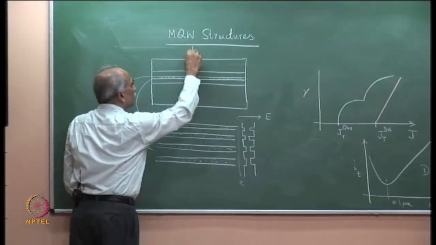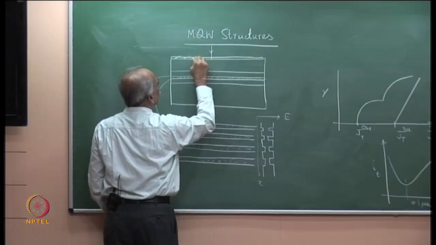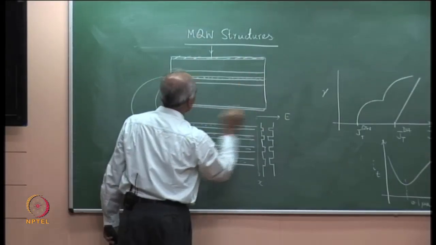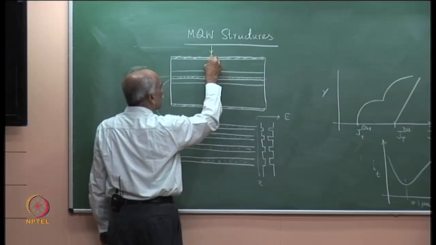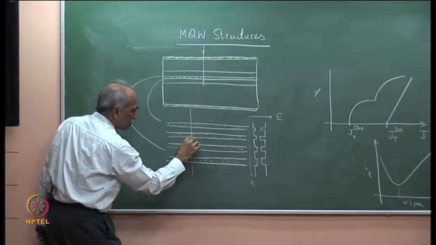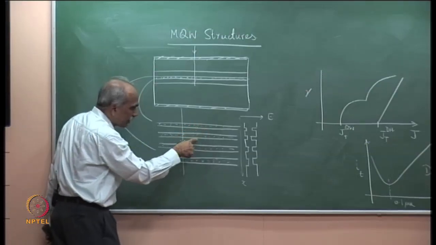Current flows like this. As you know, there is a contact here. This is a longitudinal cross section of a typical laser diode. Current flows like this. So, these are the current strips. So, current is flowing in this direction, which means current is flowing across this. These are the quantum wells and these are the barriers.